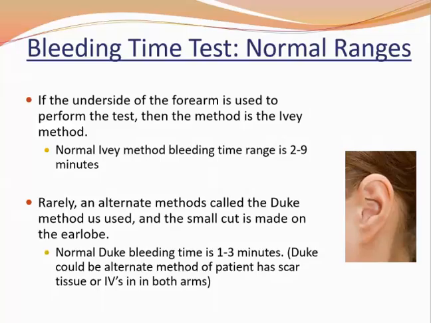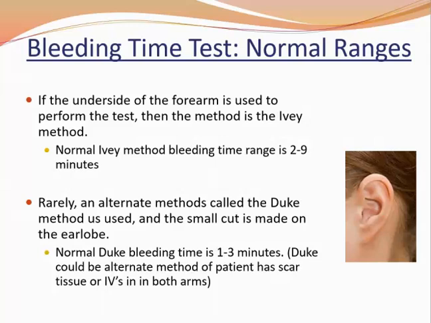So let's talk normal ranges for the bleeding time test. If they perform it on the underside of the forearm, that method is called the IVY method, and the normal range is 2 to 9 minutes. An alternative is called the Duke method, where they do a small cut on the earlobe versus the forearm.